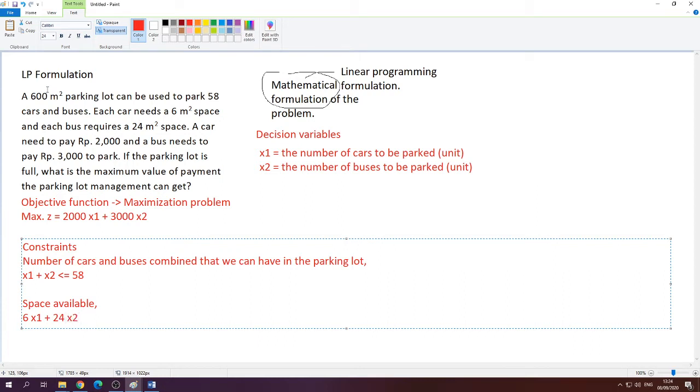And remember, we only have 600 square meters of space, so we don't have more. For this problem, it is just 600 square meters that we have. So the sign over here will be the same as the first constraint, which is less than or equal to 600.